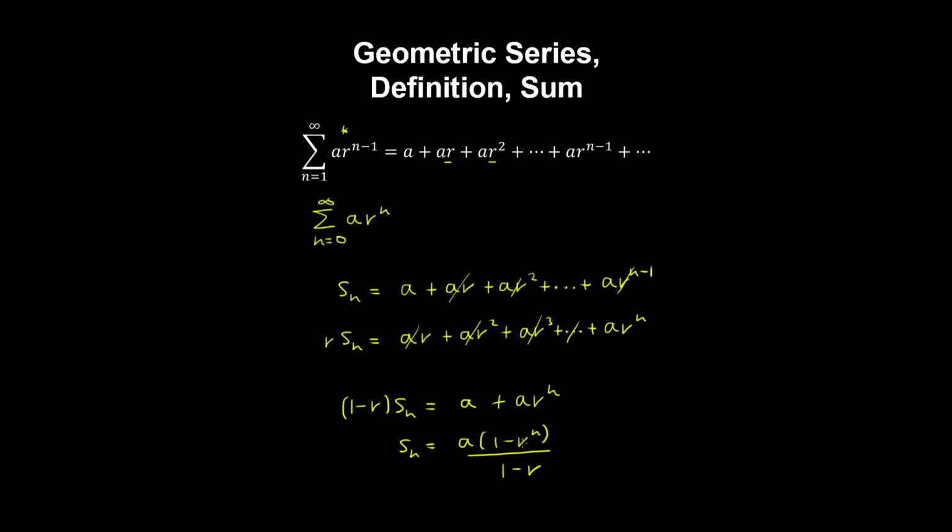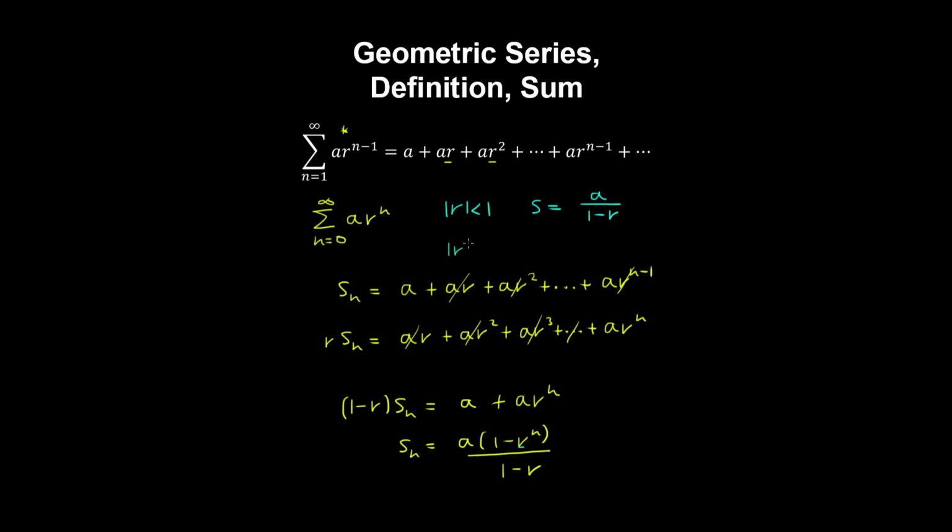Now we can observe that when the absolute value of the ratio r is less than 1, then this term here approaches 0 when n approaches infinity, and therefore the series converges, and the sum of the series is a on 1 minus r.